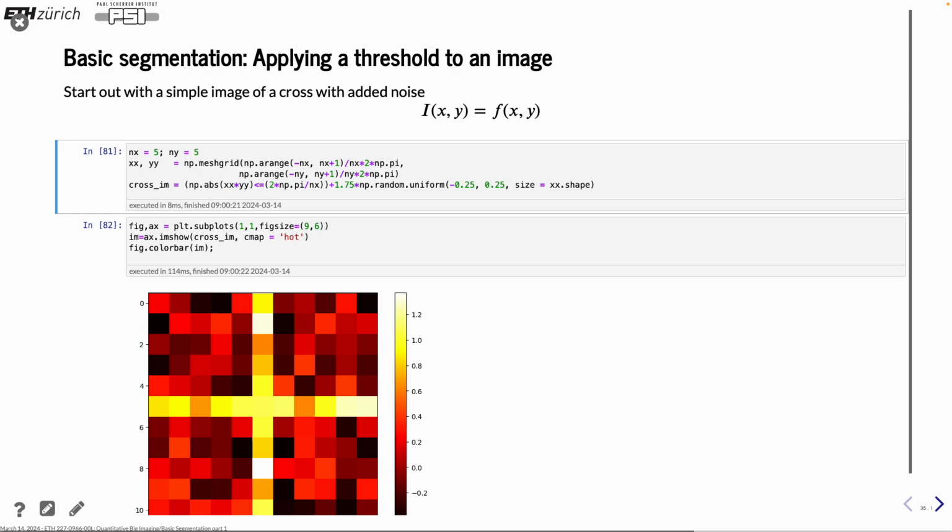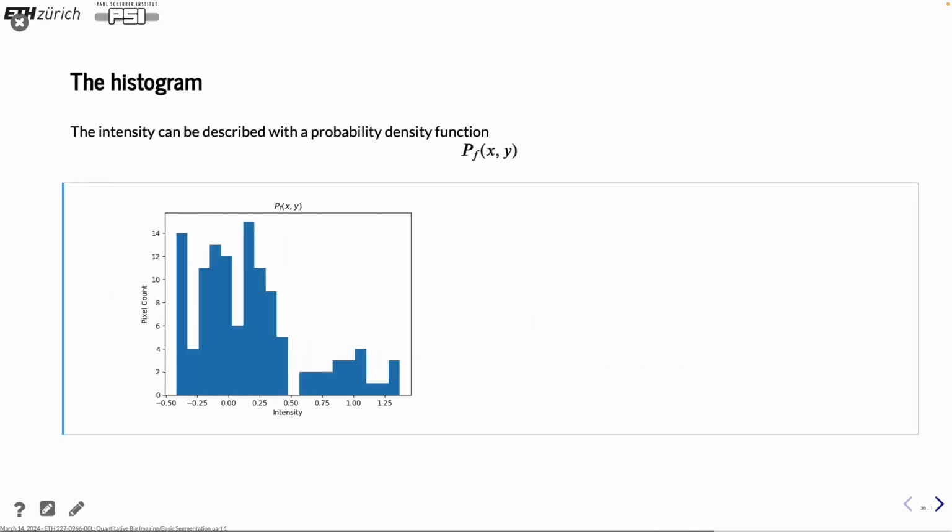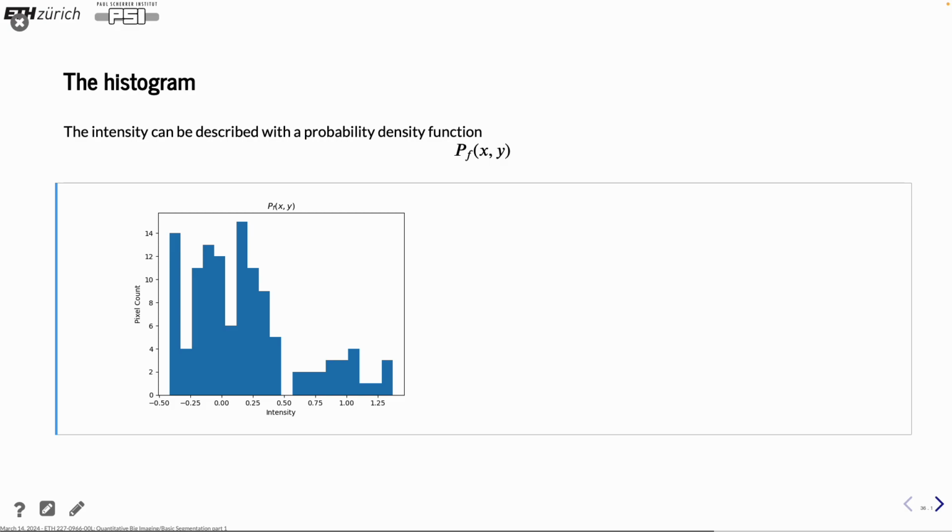So looking at a very simple image, we have this cross, and it's a bit noisy. And now we want to mark out this cross itself under this condition of noise. Looking at the histogram, we can see that we have maybe two bumps here. So we have one part here and one part here.